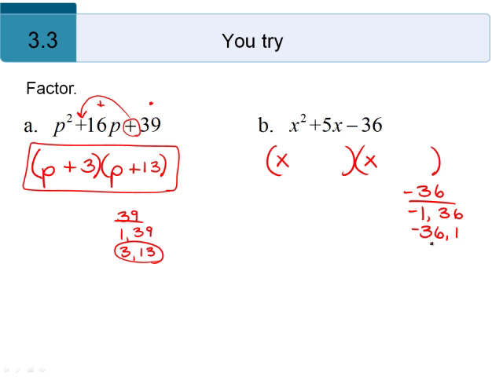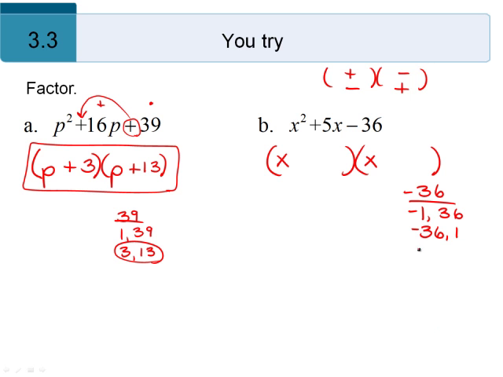So when the last term is negative, your signs in the parentheses are going to be opposites of each other, either plus minus or minus plus. If we write our signs with our factors, it's a lot easier to see which one works.